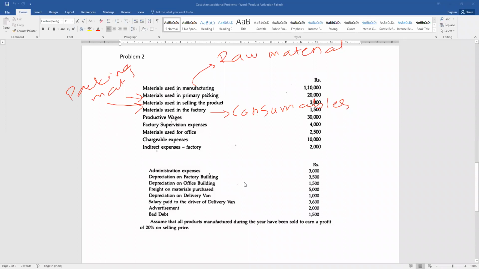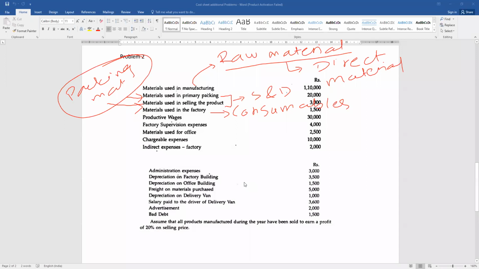So material used in manufacturing, we will put this into the direct material consumed. Packing material, these two things will be part of S&D overheads, even though those are material. Why? Because this is not the direct material.